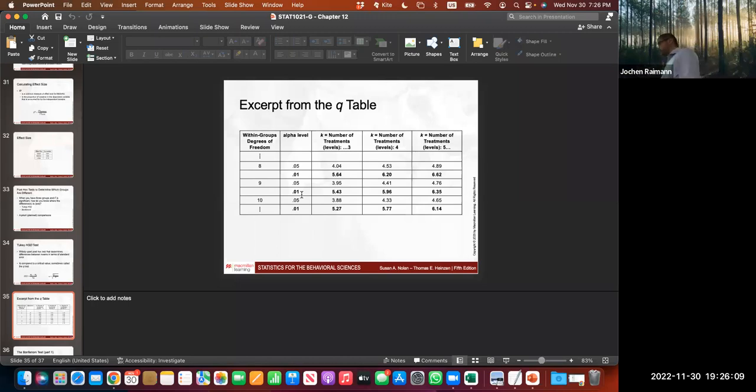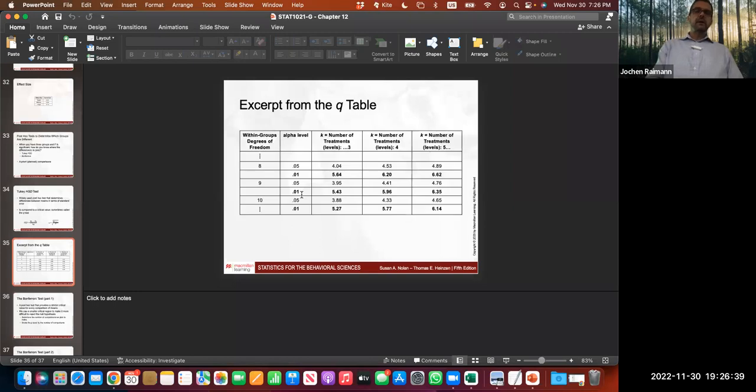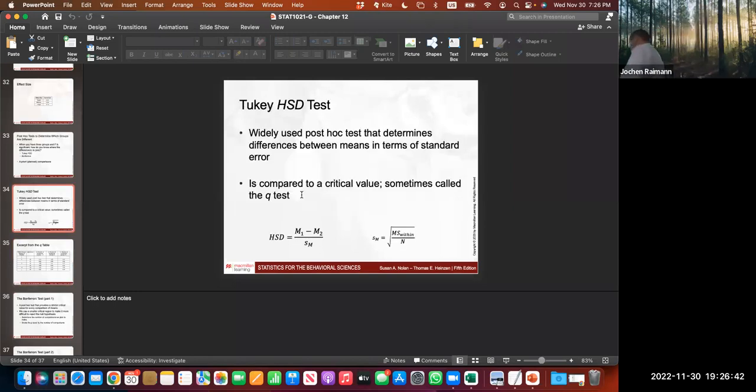Why is it a different table? Why is it not the T table or the Z table? Because you want to be more restrictive on the acceptable type 1 error risk. So this is why you utilize a different table and different critical Qs for your hypothesis testing. Any questions on the Q? It's kind of simple, right? It's nothing else but hypothesis testing, except you're using a different standard error of the mean, quote unquote.